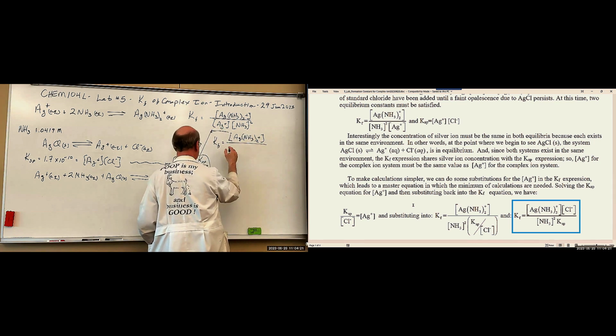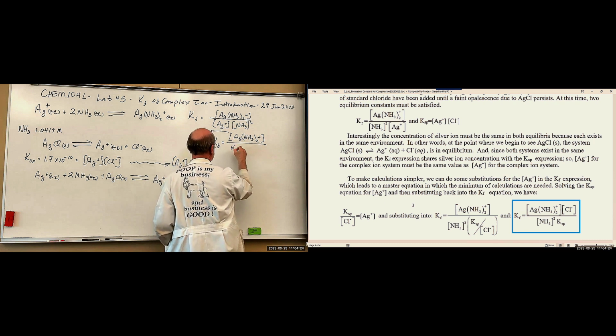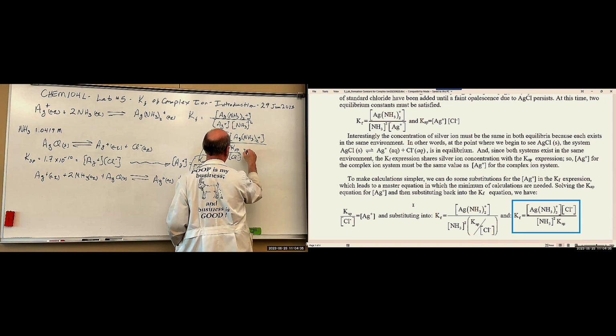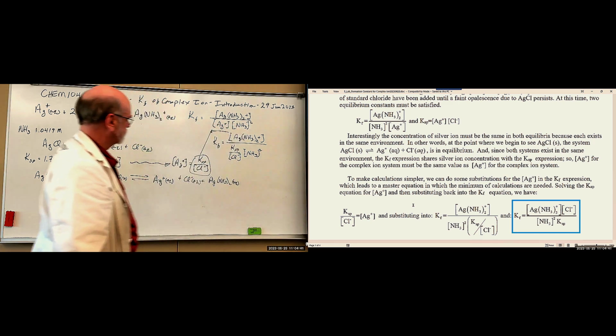Silver is KSP divided by chloride, times ammonia.